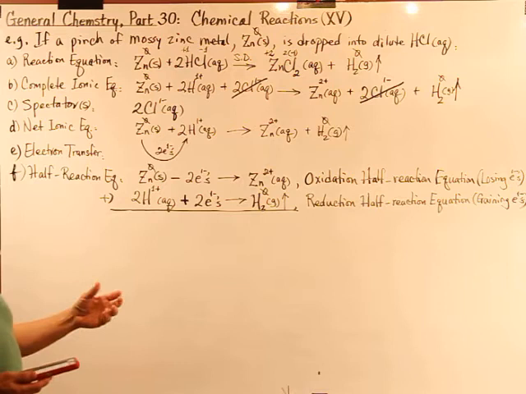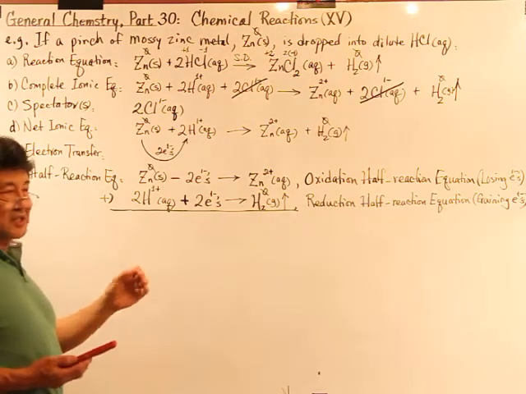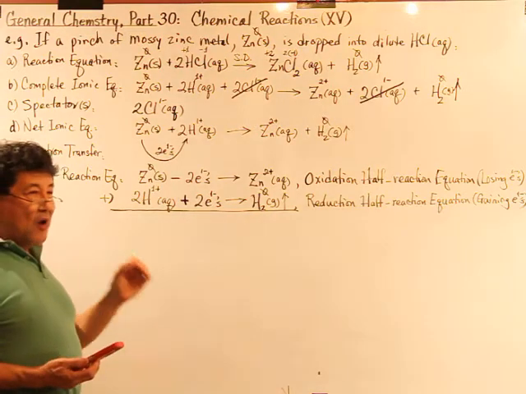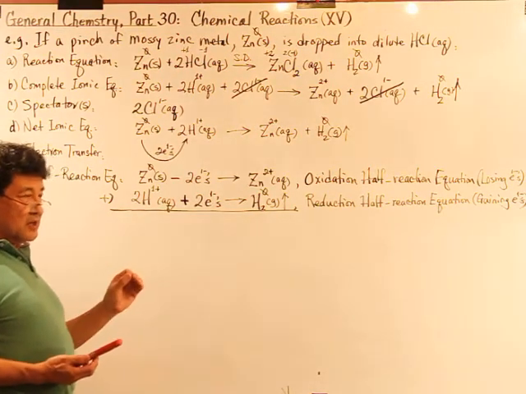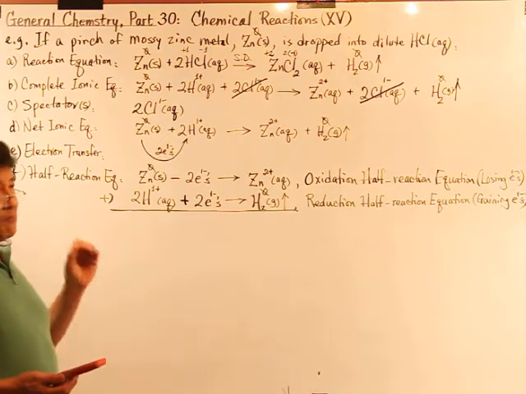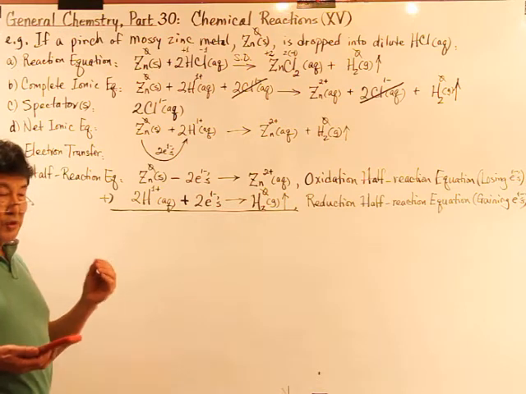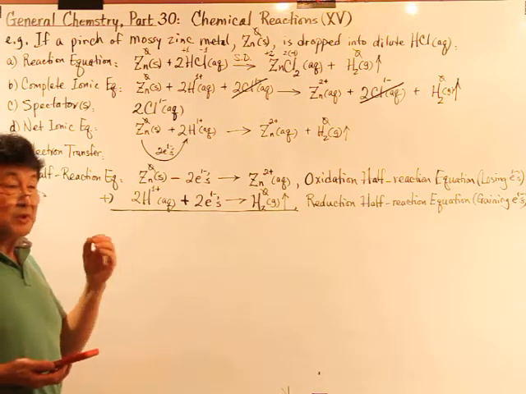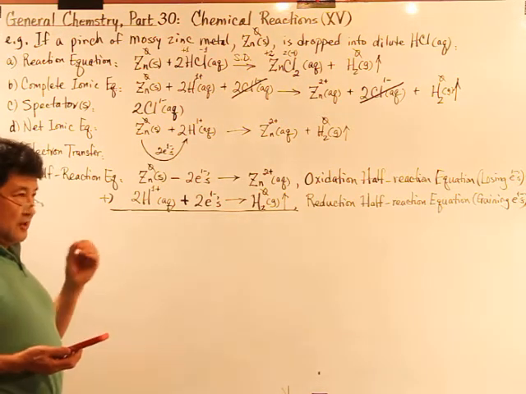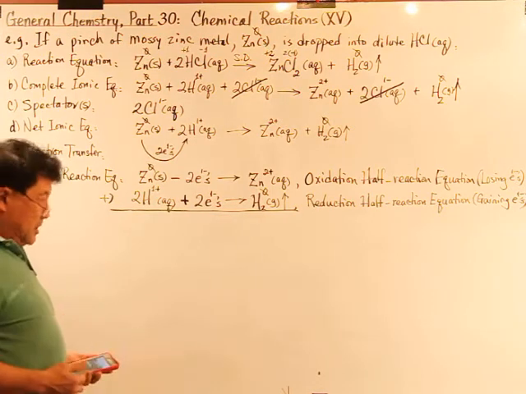The solid zinc metal reacts with the aqueous hydrochloric acid and produces an ionic compound called zinc chloride, and the hydrogen gas, a diatomic molecule, bubbles out from the aqueous solution in the reaction beaker and becomes free gas into the atmosphere.